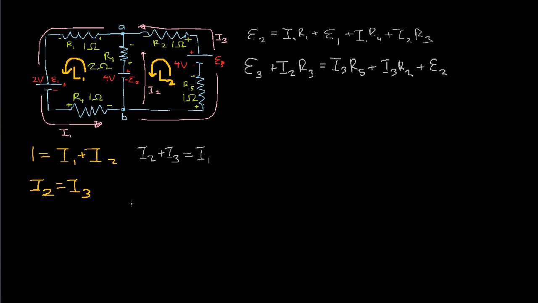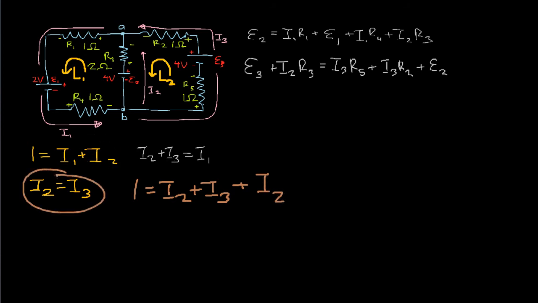We wanted brown. 1 equals I2 plus I3, since I1 equals I2 plus I3. Alright. And don't forget our final I2 that's lying around over here. So don't forget I2 equals I3.